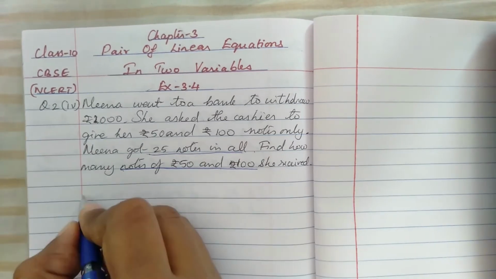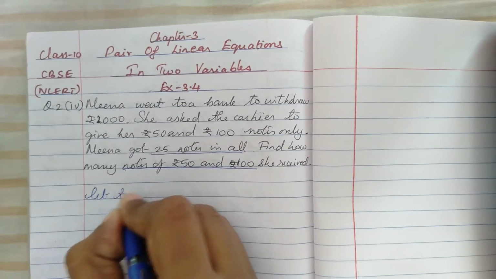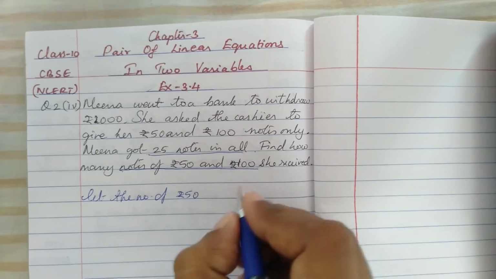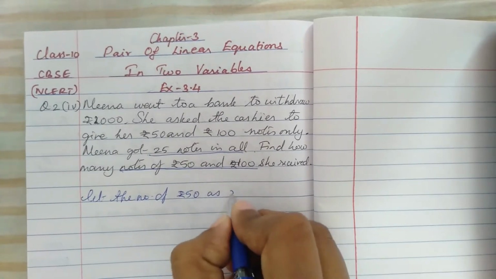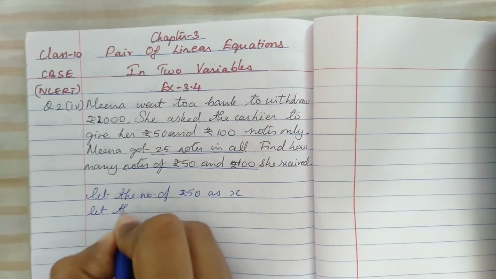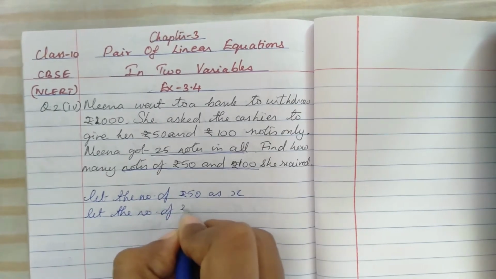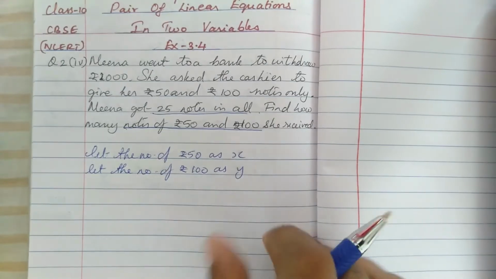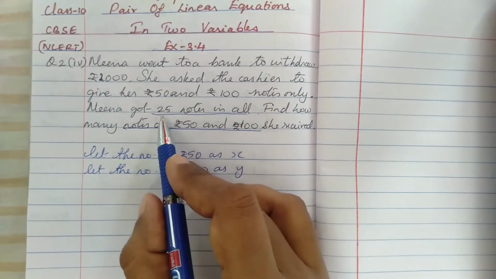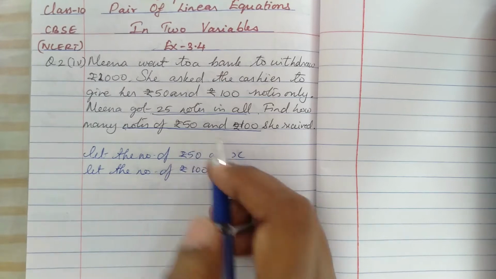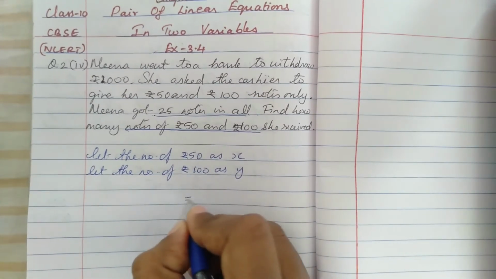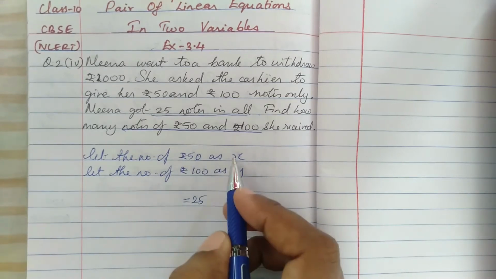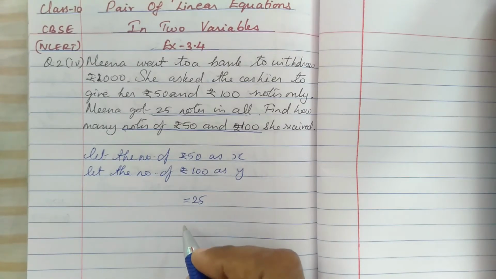So we have to let the number of rupees 50 notes be X and the number of rupees 100 notes be Y. But we know that she has taken 25 notes in all. If she has taken 25 notes, this includes rupees 50 notes and rupees 100 notes, right?